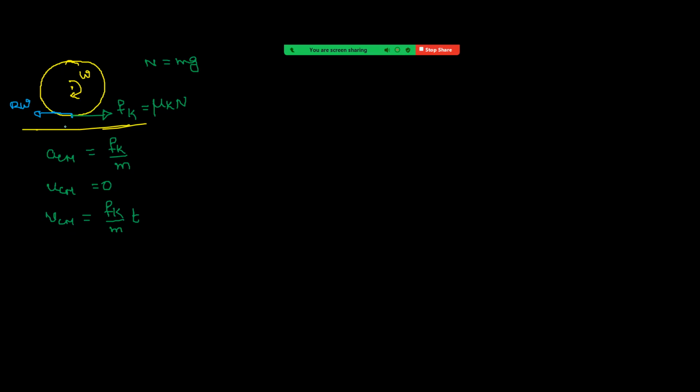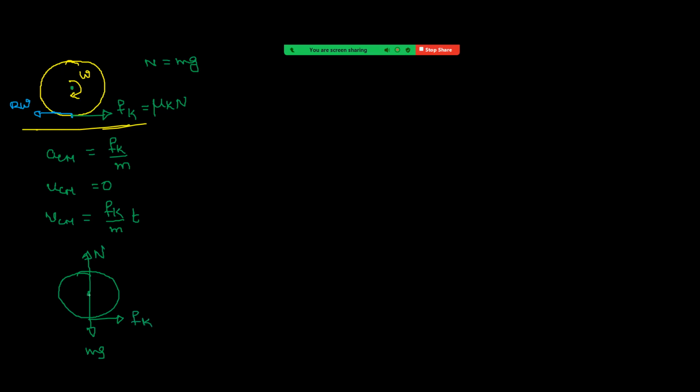Next. Now focus carefully. About the center of mass, the torque equation. I'm making the diagram here once again. First of all, focus on a free body diagram. mg vertically downwards, normal reaction vertically upwards, frictional force to the right side at the contact.